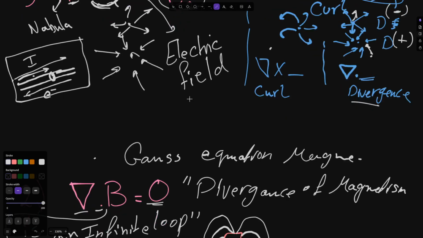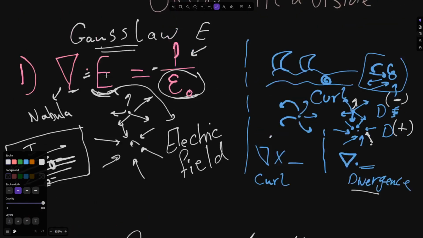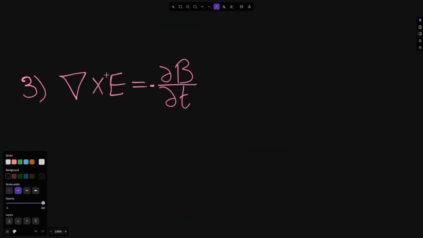So what about the relation between the magnetism and the electricity? Here come these equations. Now we can see that there is the magnetism and there is the electricity. This one is called Faraday's law.